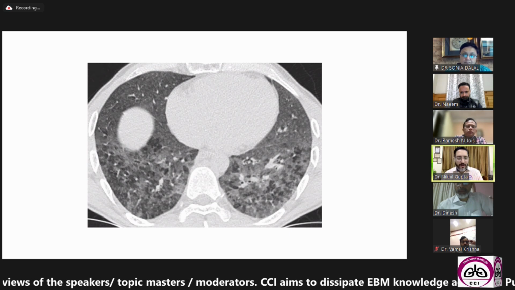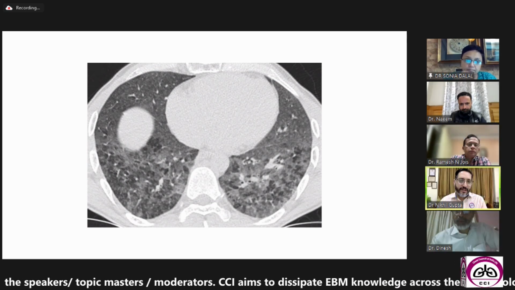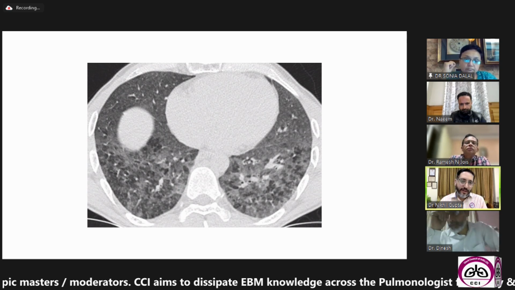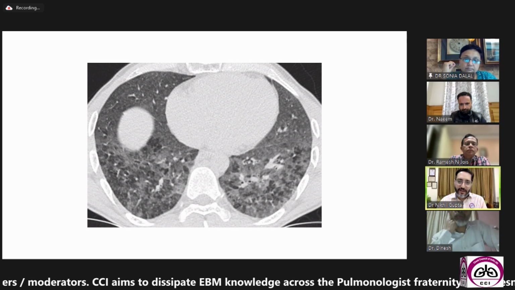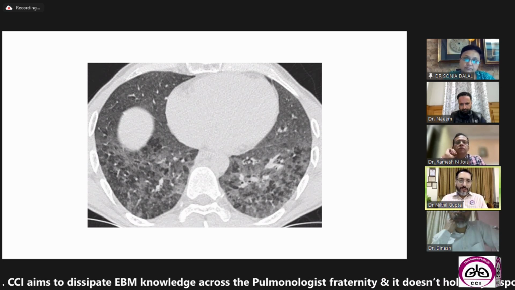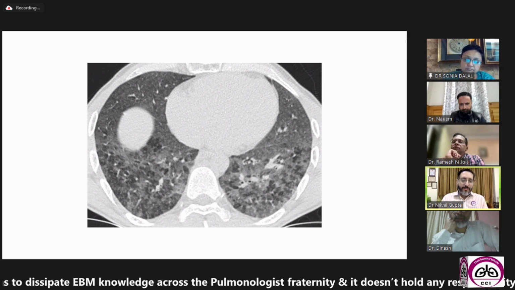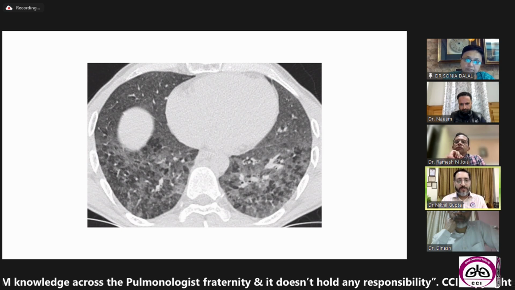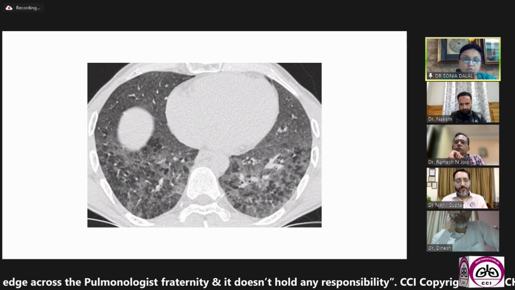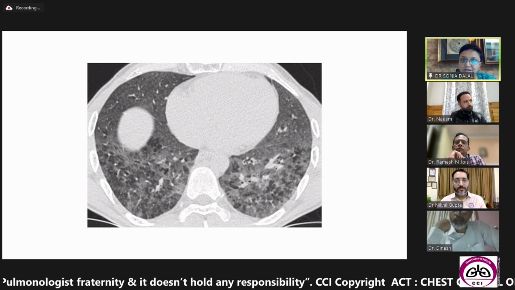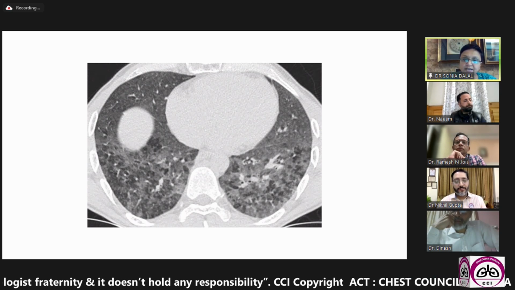Also there are a few spared areas as seen here, and some interlobular septal thickening as seen here and here. So this may be a diffuse pulmonary edema or diffuse pulmonary hemorrhage. So from the X-ray to CT scan, we have narrowed down our differentials to pulmonary edema as well as hemorrhage. So can this be an ARDS as well?